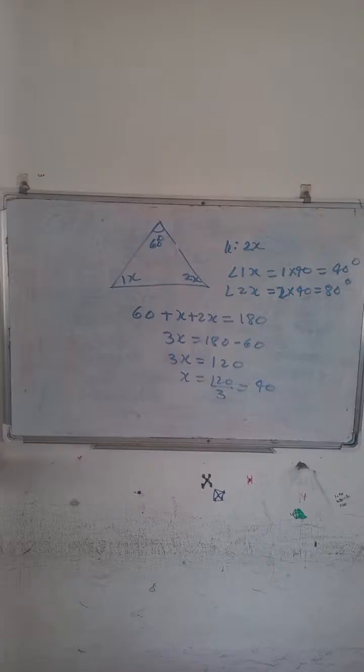The line segments AB and CD intersect at O such that AC is parallel to DB.